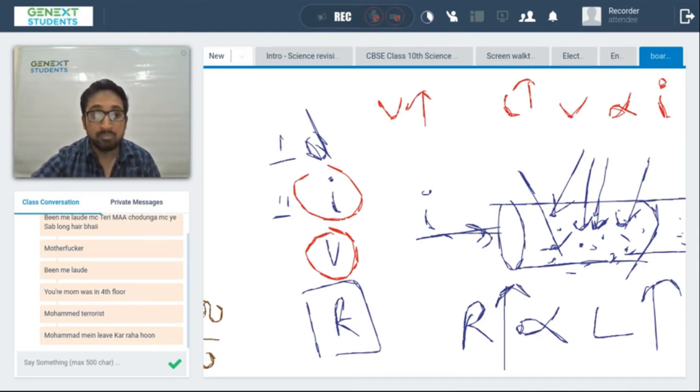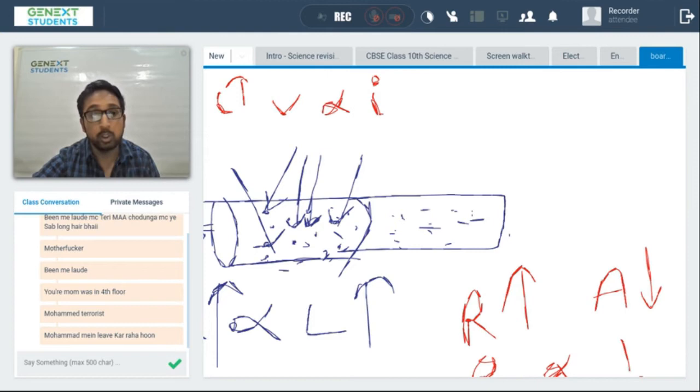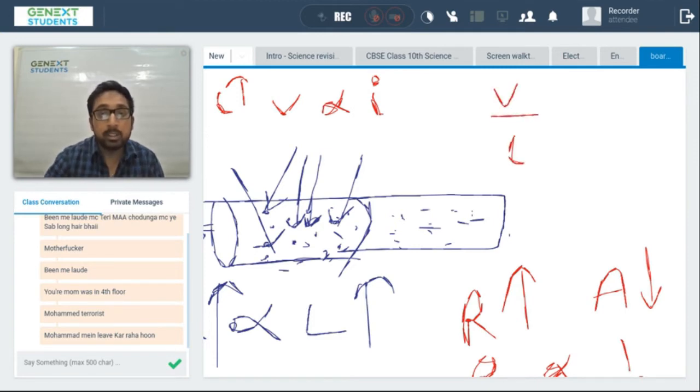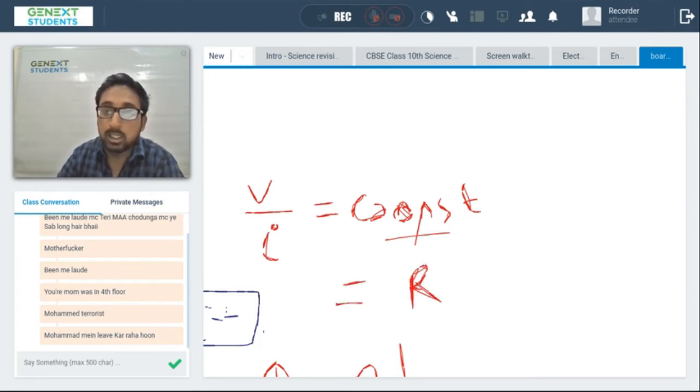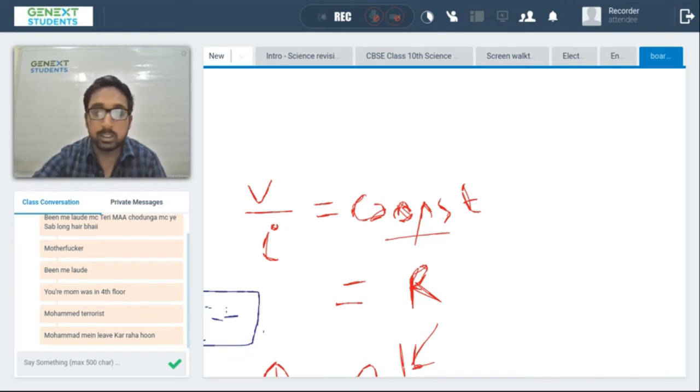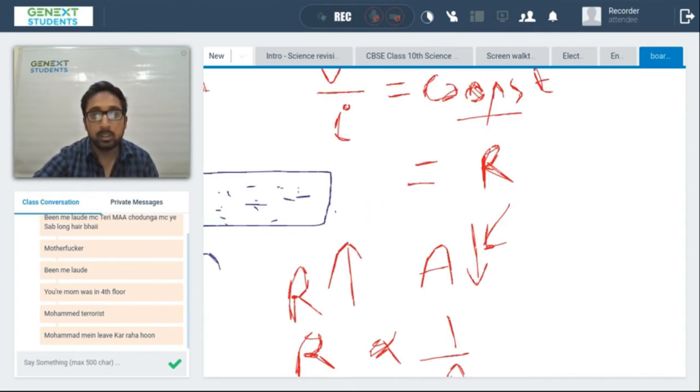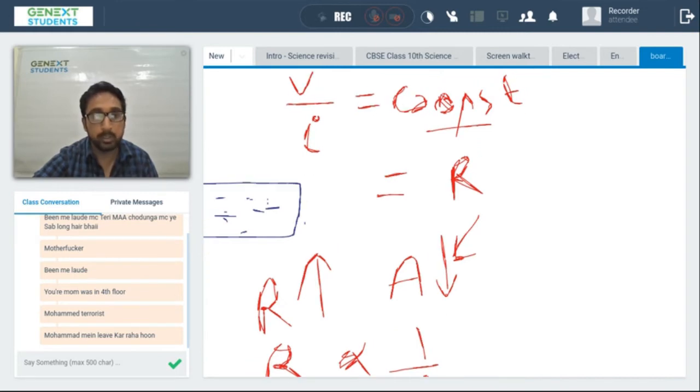Also, the value of potential difference upon current comes out to be constant, and that constant is known as resistance. And this is how we calculate resistance. Do you get it?